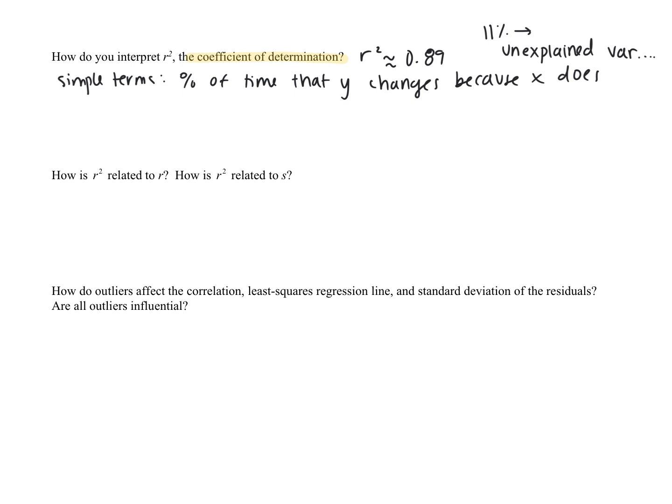If you want to get full credit for this, you would need to say 0.89 of the variability in humerus length, and I'm just going to put in parentheses y.